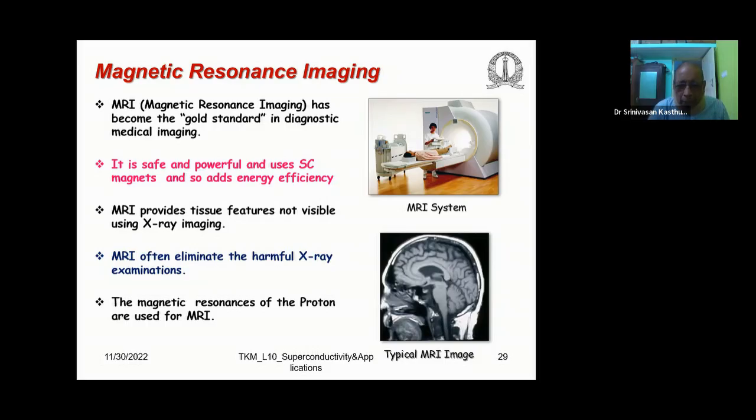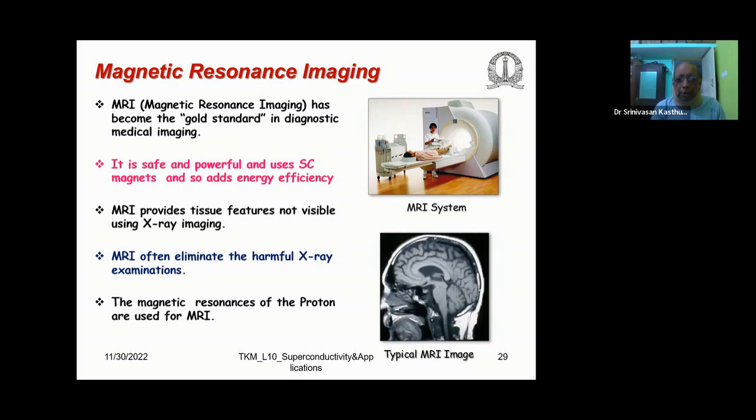In an MRI, they introduce the person into the magnetic field and scan the proton resonance at different orientations, and thereby generate a complete image by the three-dimensional arrangements of the total system.